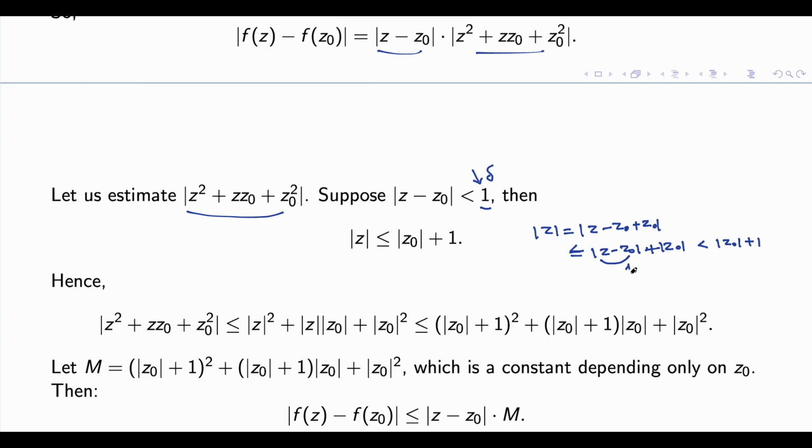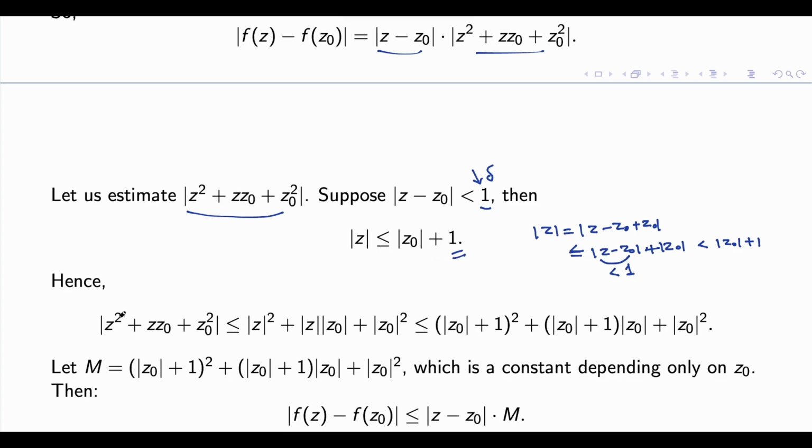So I can replace it with strictly less than |z₀| + 1. So I can find |z| is less than or equal to |z₀| + 1, right? Then how am I going to find the estimate?